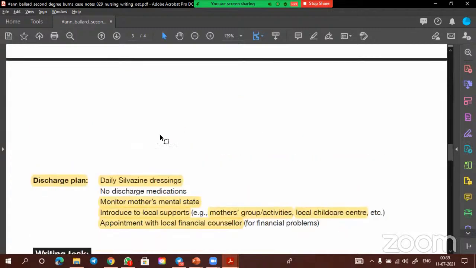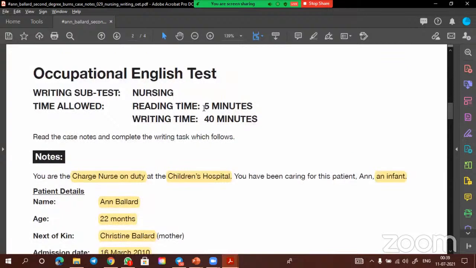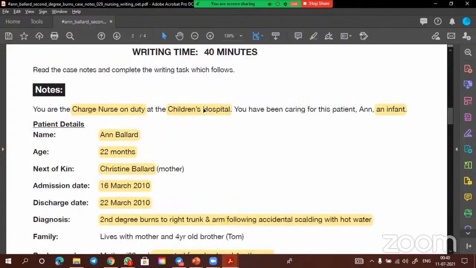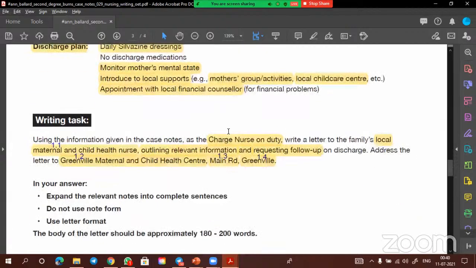So, now, coming to the point, the first purpose will be this one only. What is the purpose? This is the purpose. Requesting follow-up. Requires follow-up on discharge or following his discharge. So from here you have to take the information.